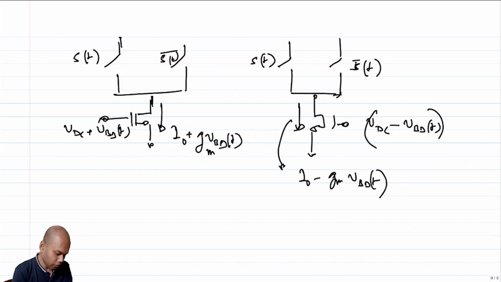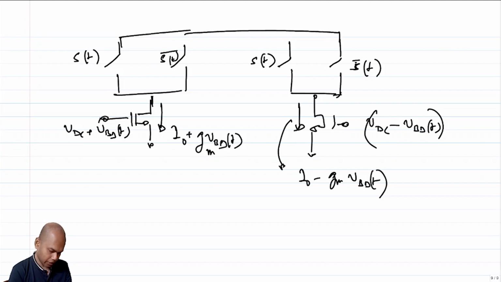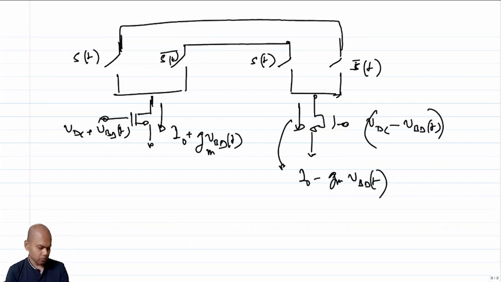So you end up connecting these two, and you end up connecting these two, and let me draw it carefully, right? And you connect a load, and you take the differential, right? And that essentially becomes your active mixer, correct?